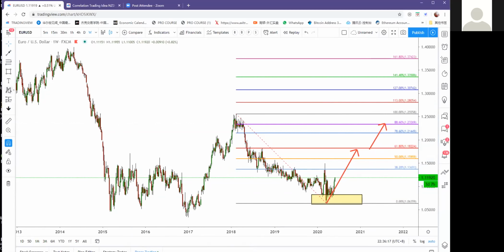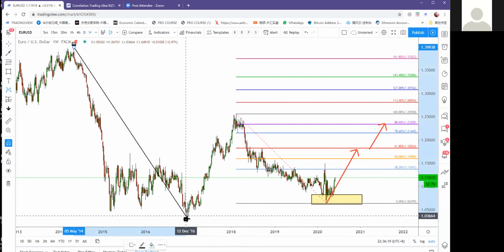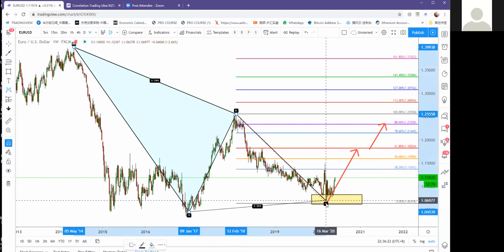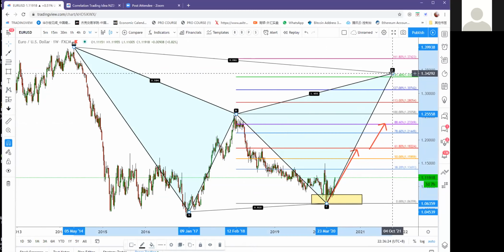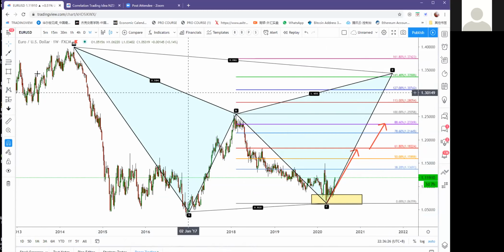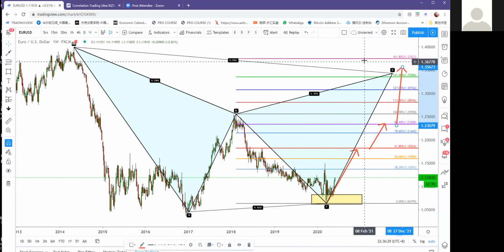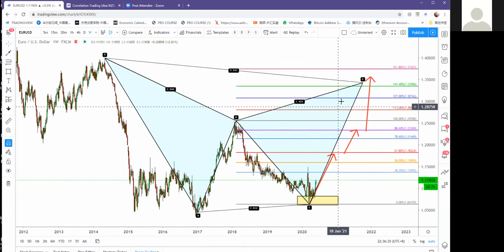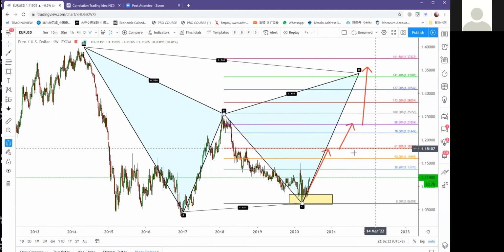And it may form this long-term Gartley pattern and go all the way to 1.34 if the dollar really crashed. So get ready, the euro will have like 1,000 or 2,000 pips in the long run.